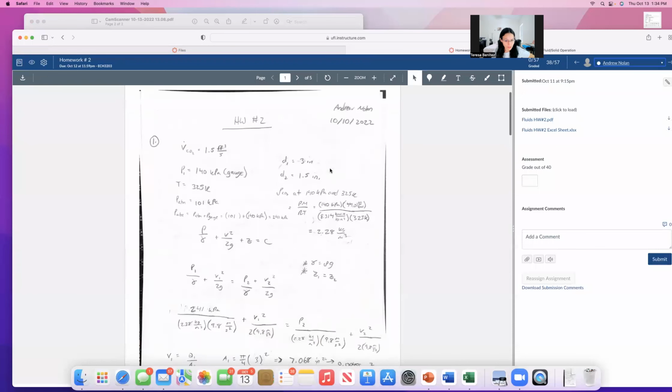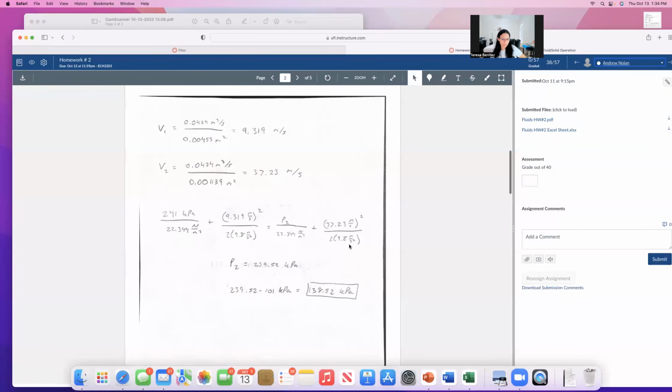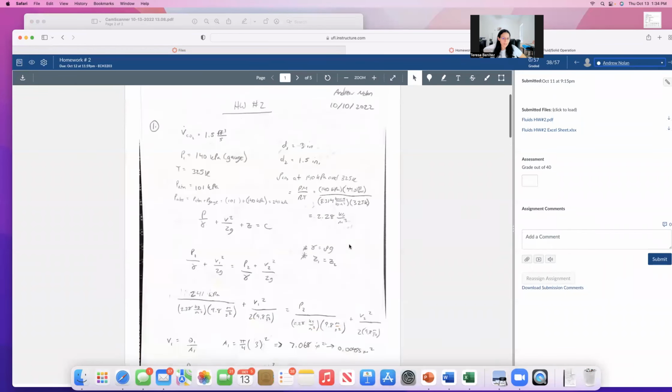Okay, so here I take a look and which problem is this? Problem number 1. I noticed that the density is not right. So what's going on? If the density is not right, they get the no, it's actually a coincidence.